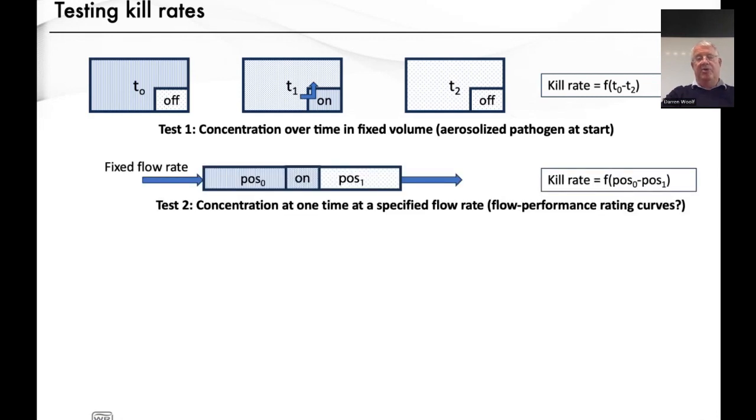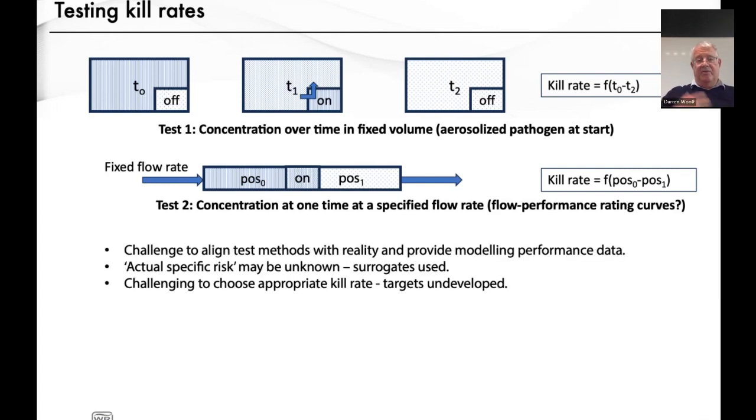This is perhaps what we should be looking at quite a bit more: a fixed flow rate system where you're running it through a duct. You switch your system on and you look at the concentration differences between one position and another position, and these can start to generate some flow performance rating curves.